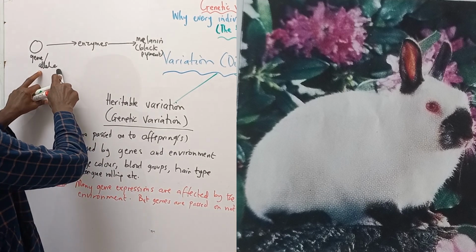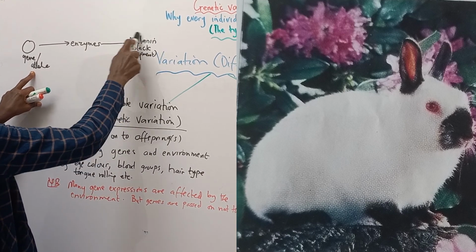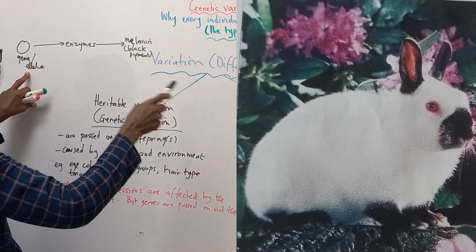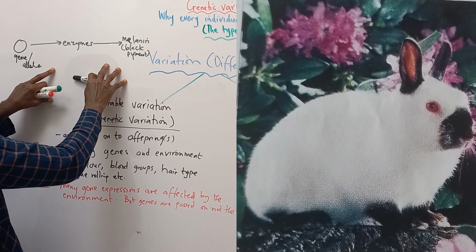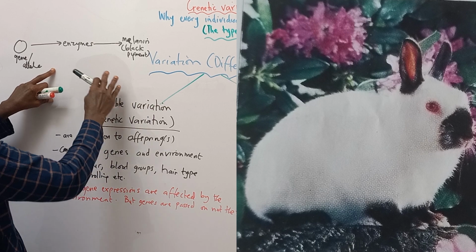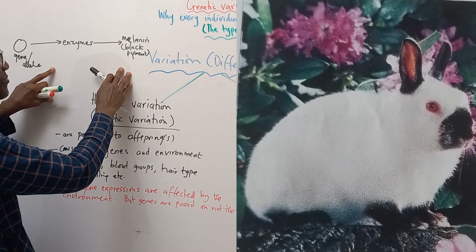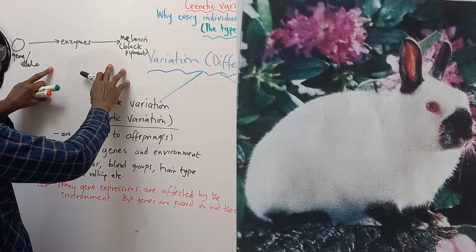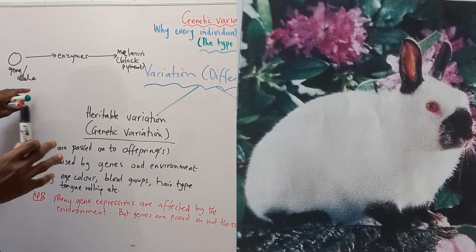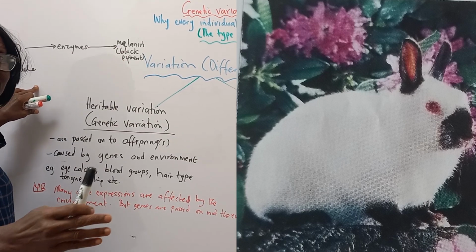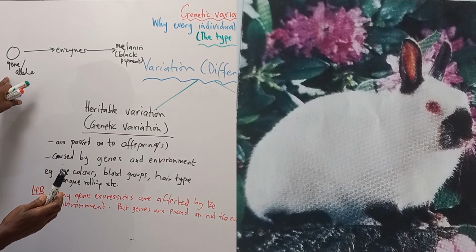This same enzyme, which will cause plenty of melanin to be produced at the extremities, will be less sensitive in parts of the body that are warm, and those parts will not have melanin produced, and so those parts will be white. The white part will radiate the heat. The black part will absorb heat, the same gene.